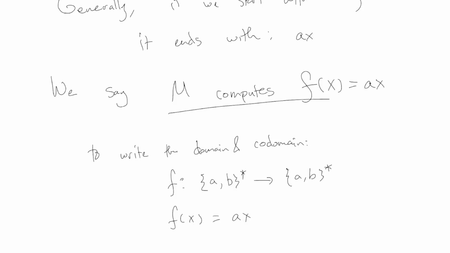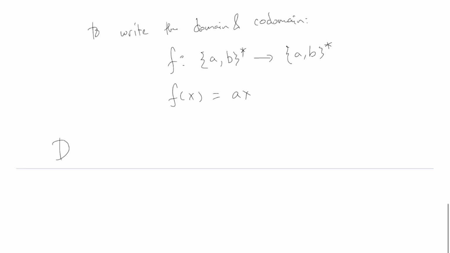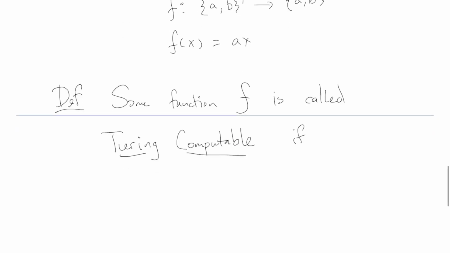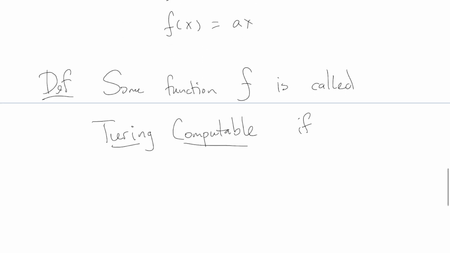This is viewing the Turing machine as a function that takes some input and then gives you some answer. All right? The big question that we have now, a sort of new type of question that we can ask, here let me just say a definition. Some function f is called Turing computable if, what does it mean if I'm imagining a function and I say that function is or is not Turing computable?